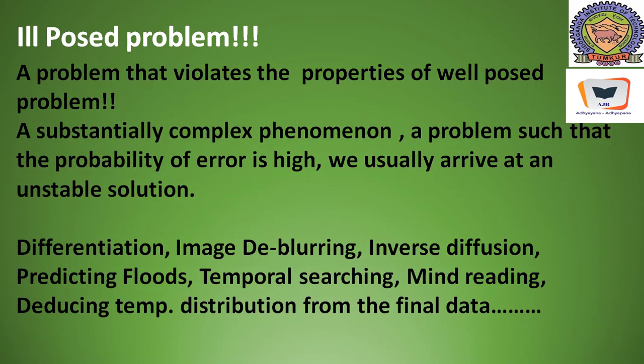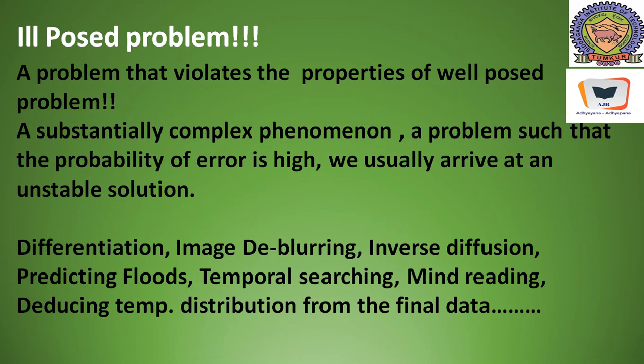The just opposite of a well-posed problem is an ill-posed problem, as you might have guessed. For the sake of completeness, we will quote some examples for these ill-posed problems. Ill-posed problems cannot be solved by a machine learning algorithm. A problem that violates the properties of a well-posed problem is an ill-posed problem.